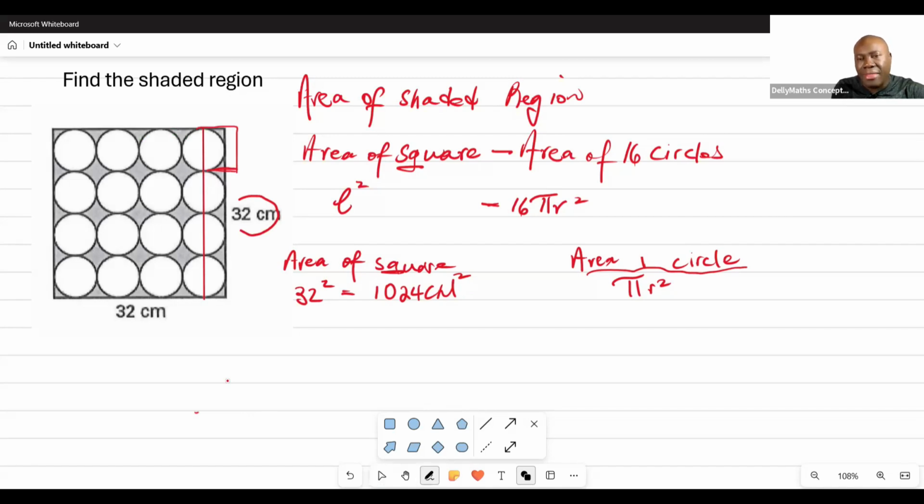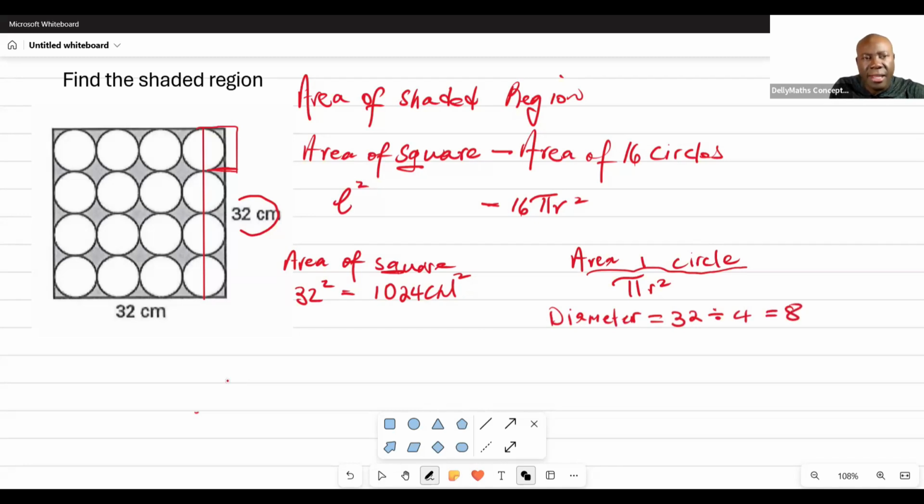So let us look at the diameter for one. The diameter of one is going to be taking 32, then dividing that into 4 equal parts, and we're going to get 8.